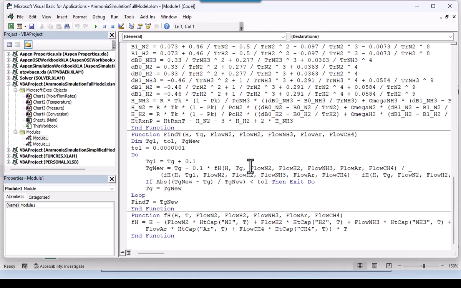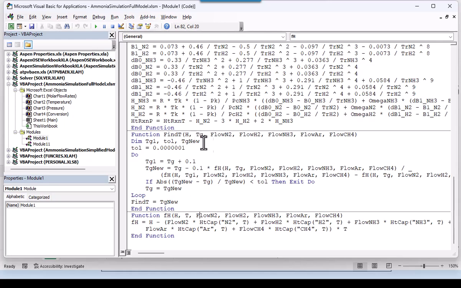And for that, it needs a function called FH, and that function is down here, which is essentially the balance on the enthalpies, where this is the enthalpy that is feed, and then we need to have all of the current enthalpies summed up be equal to that by putting in the correct temperature.